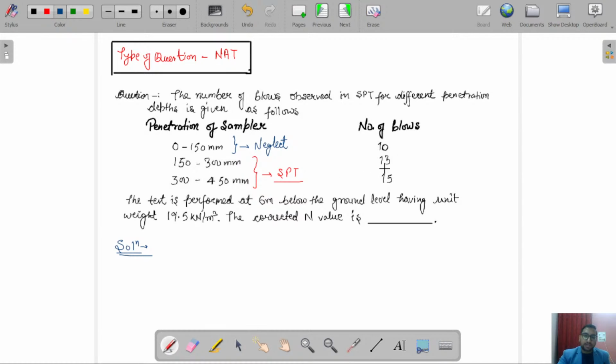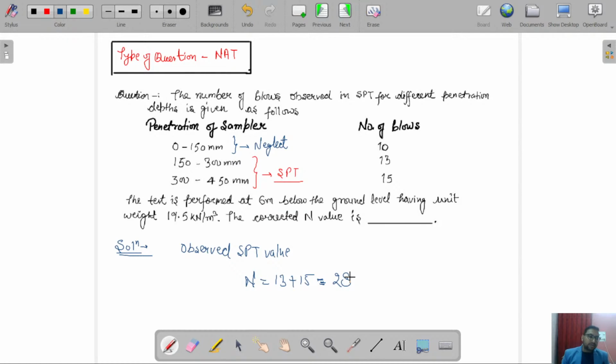Okay, it is 13 plus 15. This is our observed SPT value. Yes, Riya, our observed SPT value. Suppose, let's say N, it will be equal to 13 plus 15, that is 28.